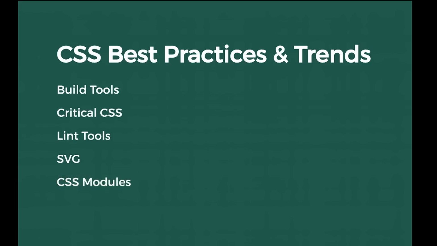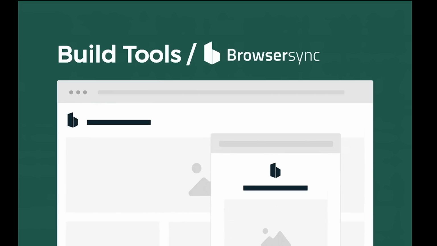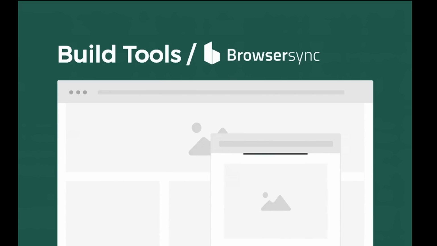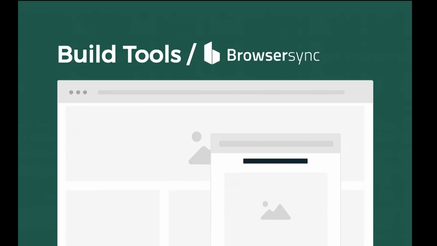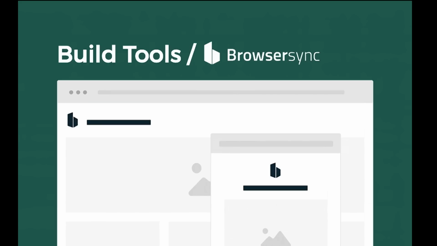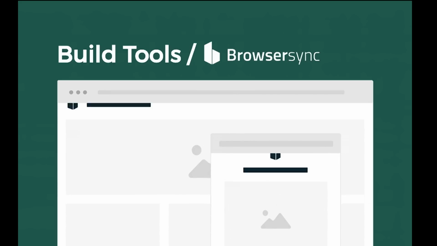So to get started, I want to talk a little bit about some of the best practices and trends that we're actually seeing these days. How many people have heard about this tool called Browser Sync? All right, great. So if you're developing any CSS, this is a highly recommended tool. One of the nice things it does is live injecting your CSS into your browser.